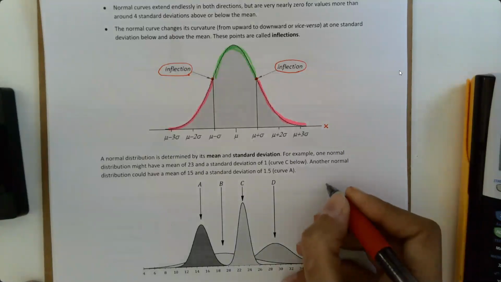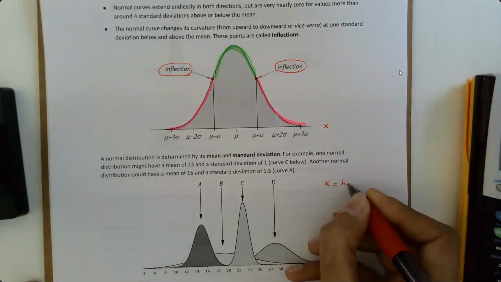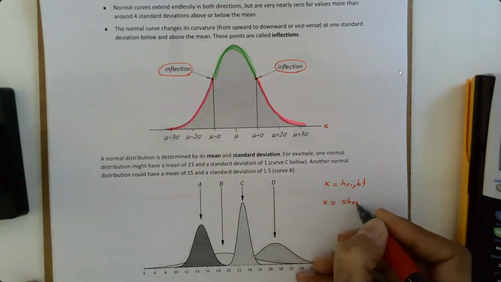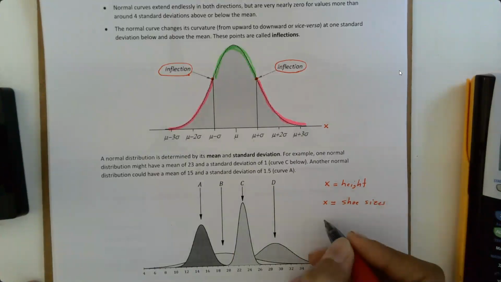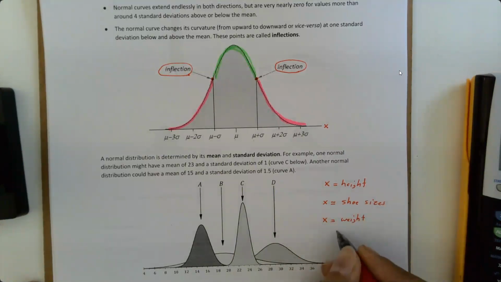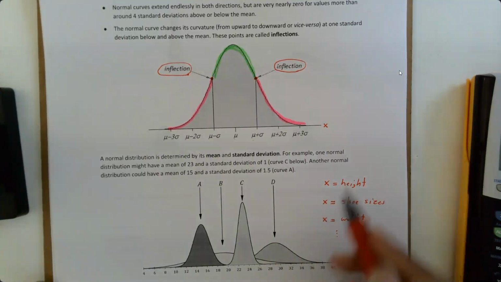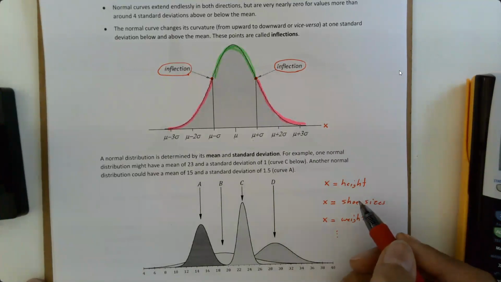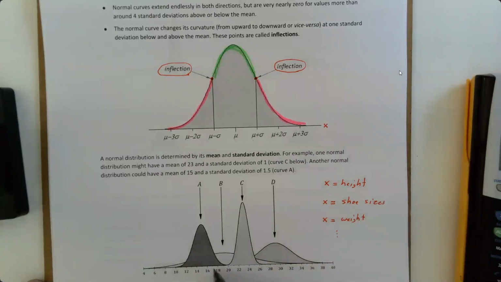That random variable might count the height, the shoe sizes, the weight, and so on. Each of these results in different frequencies, and those frequencies result in different distributions. So you're going to see different types of graphs for normal distribution.